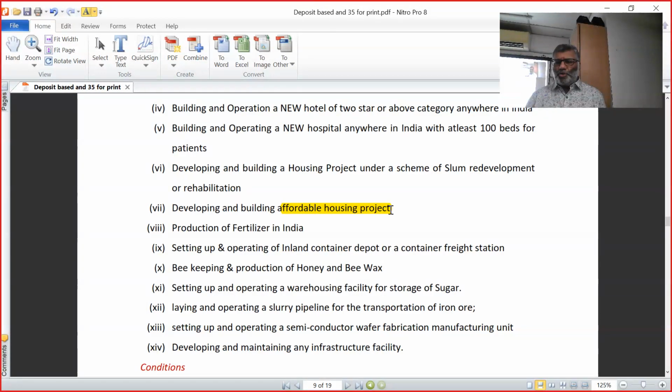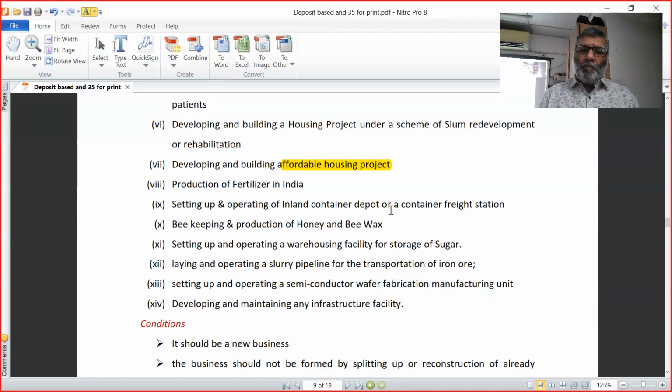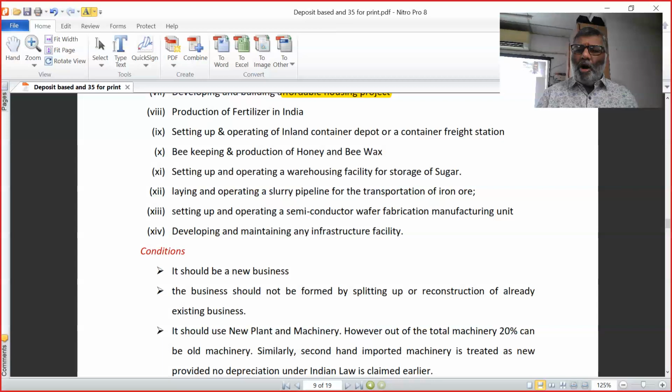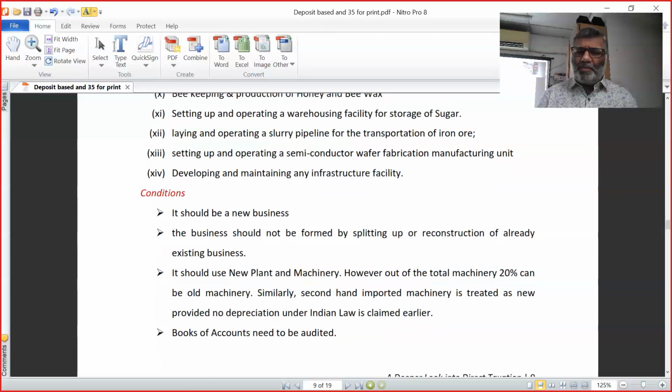You will continue to see this affordable housing in various places. Not luxury, only affordable. This is our Prime Minister's dream of everybody having a home. Then production of fertilizer, honey and bee waxing, wafer manufacturing, etc. All these things, you need not remember everything. I assure you that it will be given to you. Don't worry.